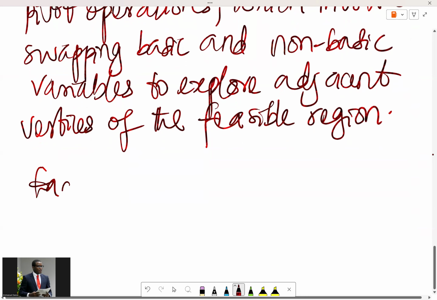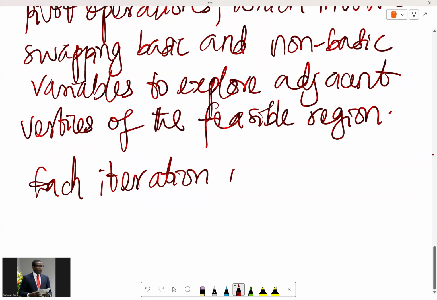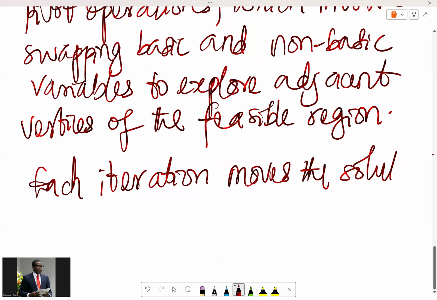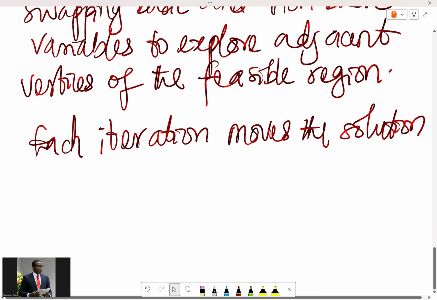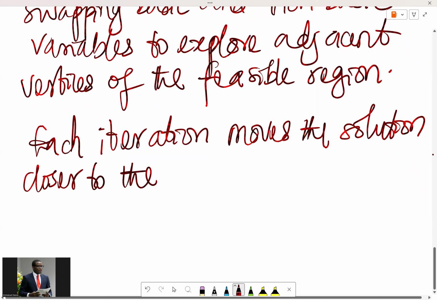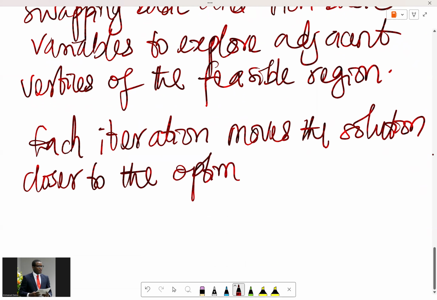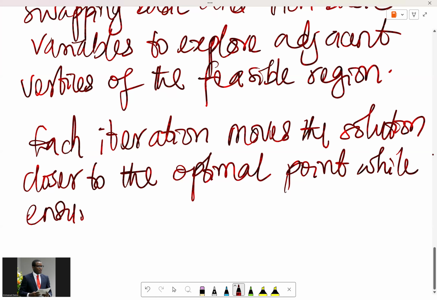Each iteration moves the solution closer to the optimal point, while ensuring that all constraints are satisfied.